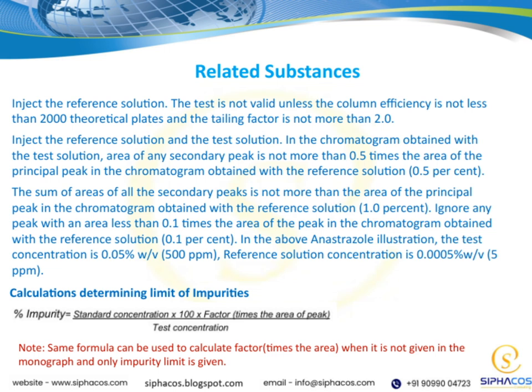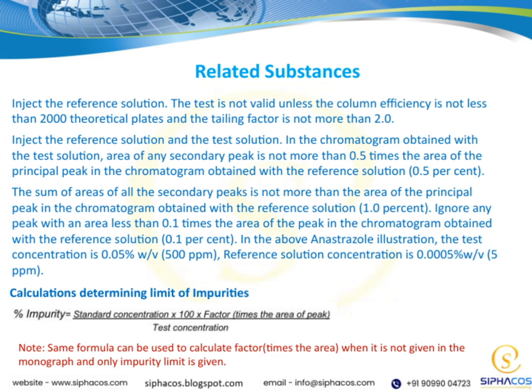For example, in the case of anastrozole, the test concentration is 0.05%, which is 500 ppm, while the reference solution is 0.0005%, or 5 ppm. All these steps help us ensure the impurity levels stay within acceptable limits, maintaining the quality and safety of the pharmaceutical product.